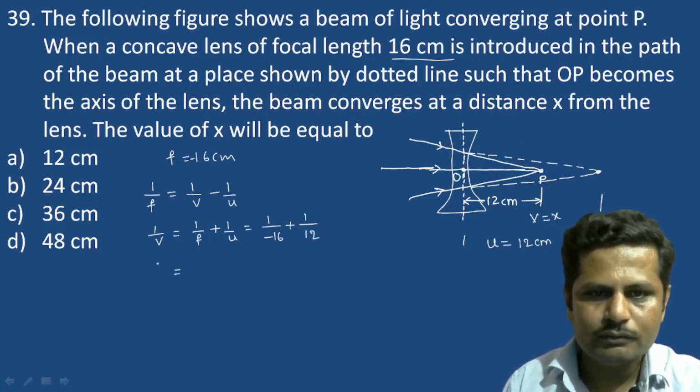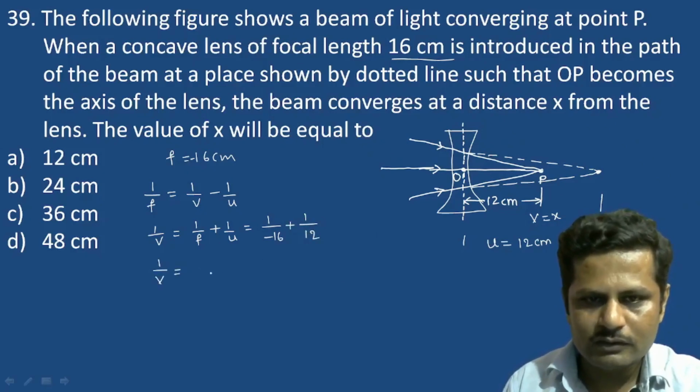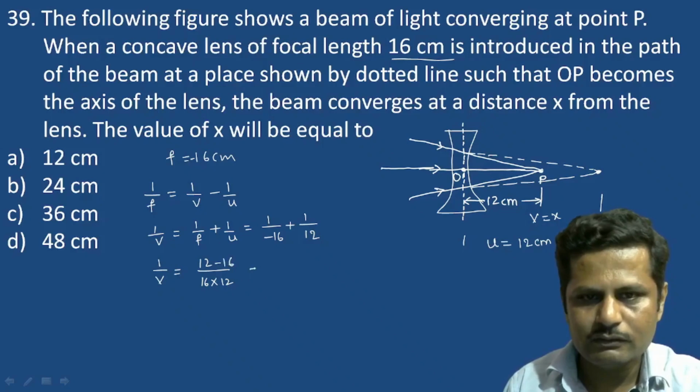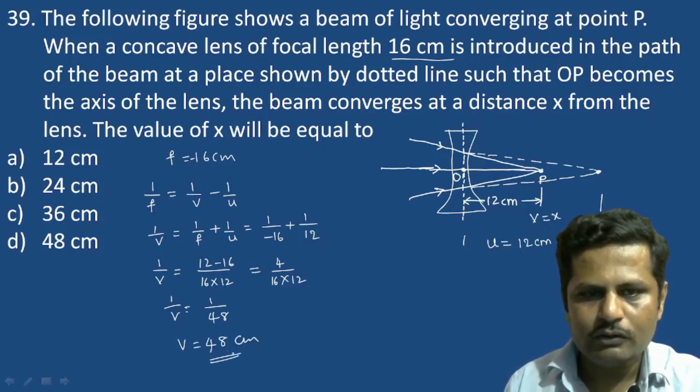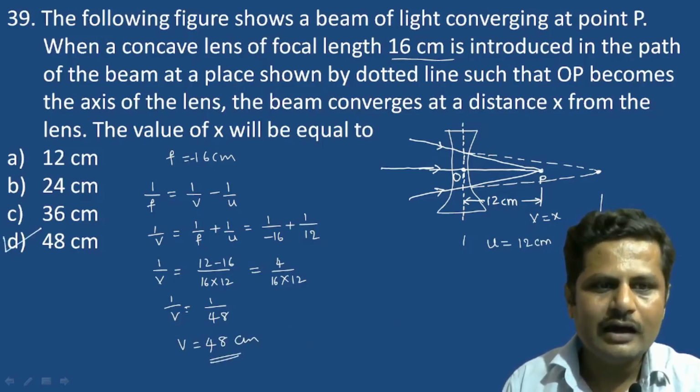So 1 by v equals 12 minus 16 over 16 times 12, which is 4 divided by 16 into 12. 4 ones are 4, 4 threes are 12, so 3 sixteens are 48. That is 1 by v is equal to 1 by 48. So therefore v equals 48 centimeter. So option D is the right one.